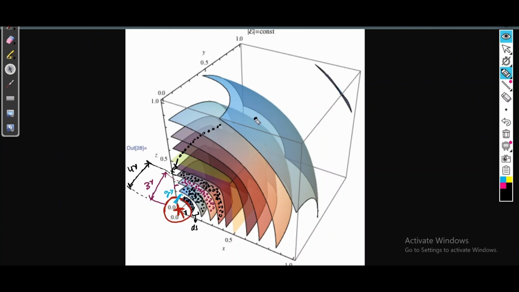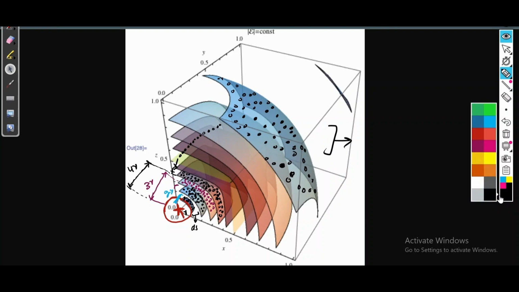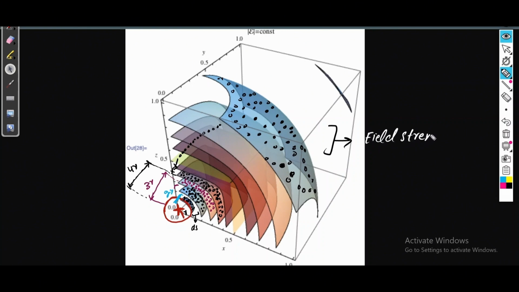Each point on this surface, let's say I consider this point, will be present at the same distance from this positive charge, and I also consider this point, which will be at the same distance from this positive charge, and similarly I consider all these points, and each point will be at the same distance from the charge at the center. Every point on the surface will have the same field strength. As we discussed before, each point in the electric field has a magnitude and direction.